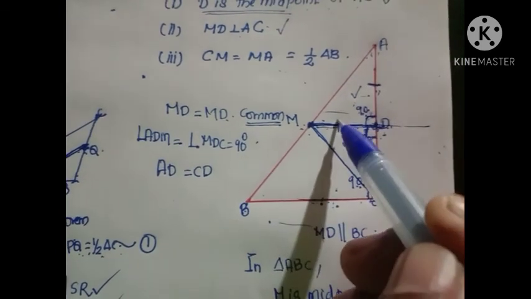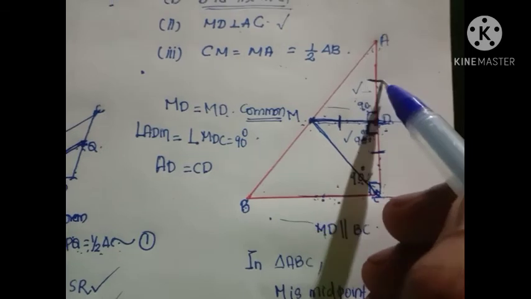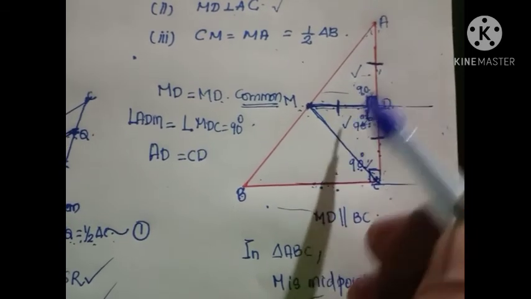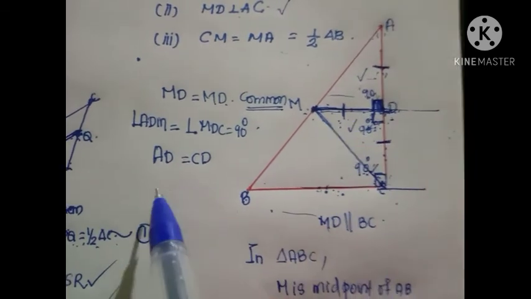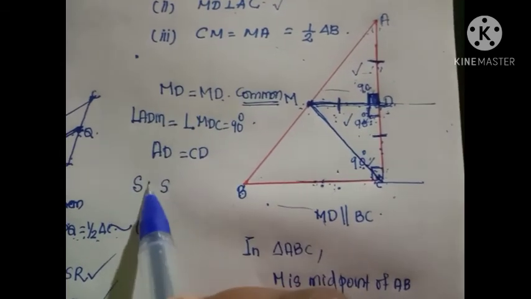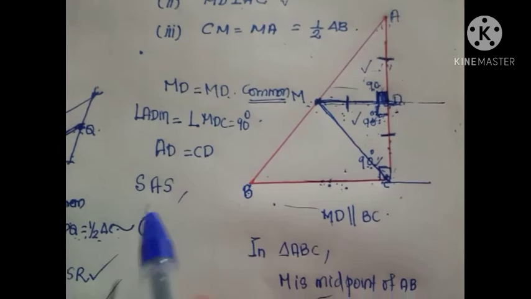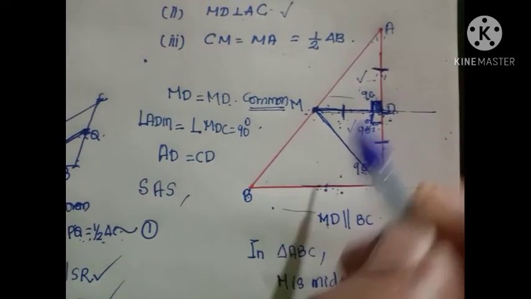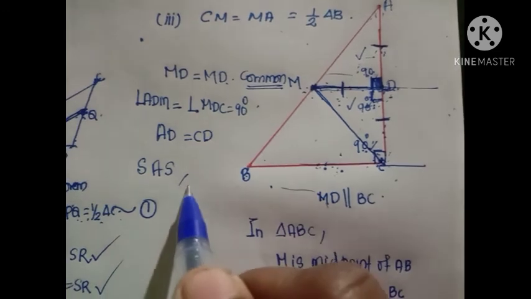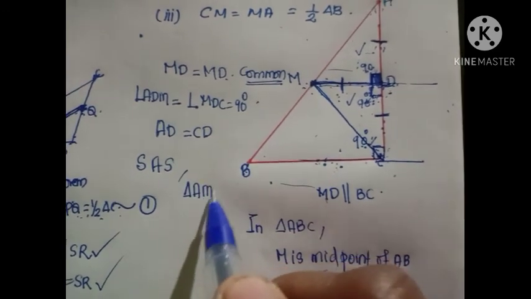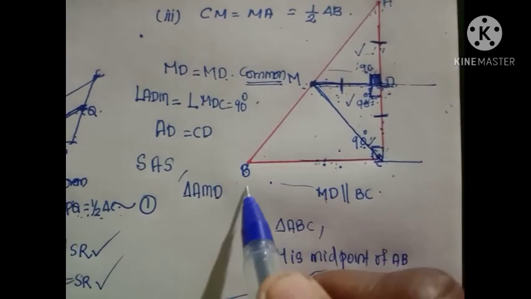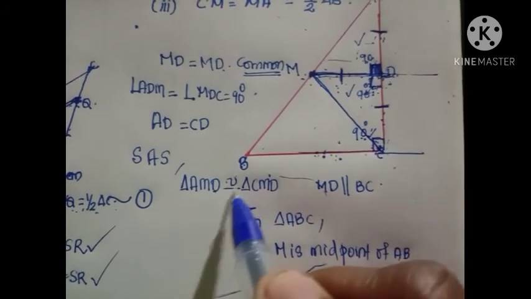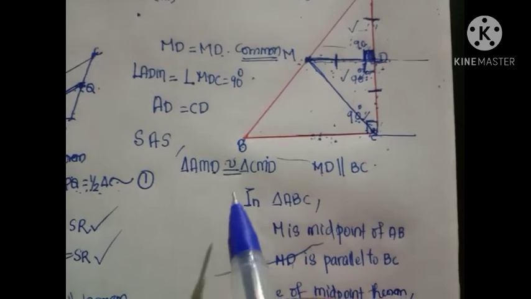We took MD side, AD side and this angle, and this angle is included between these two sides. So two sides and included angle, SAS congruence rule. We can say that these two triangles are congruent, that is triangle AMD and triangle CMD.